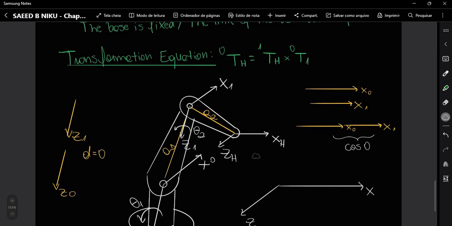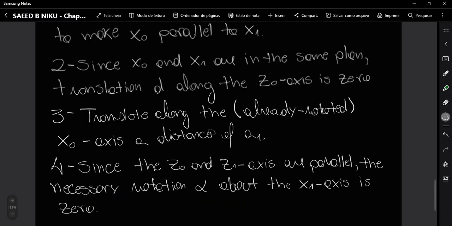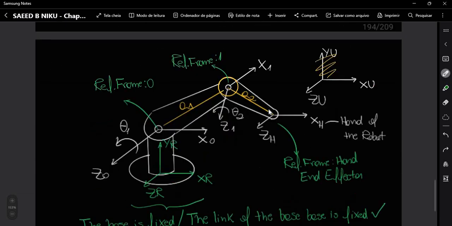And this is something that we can verify after the third motion. So actually, first we need to do this third motion, which is to translate along the already rotated x0 axis a distance of a1, which is our common normal.